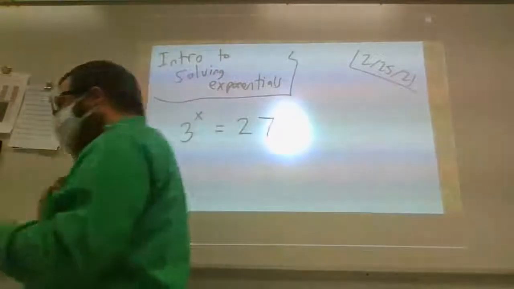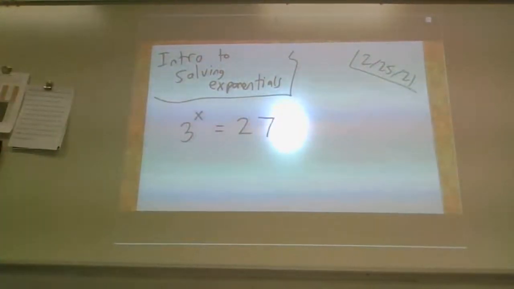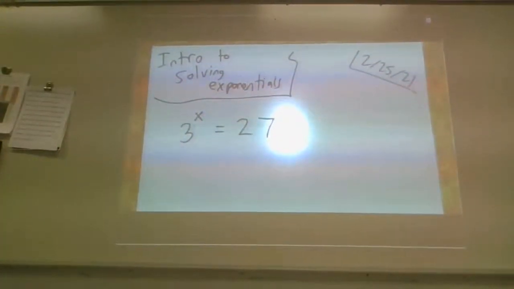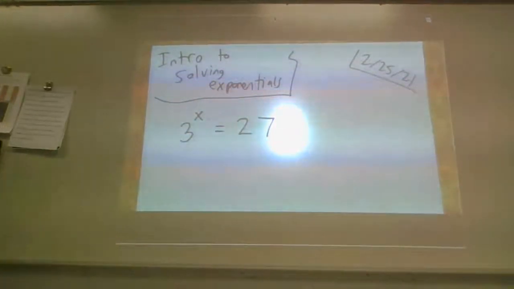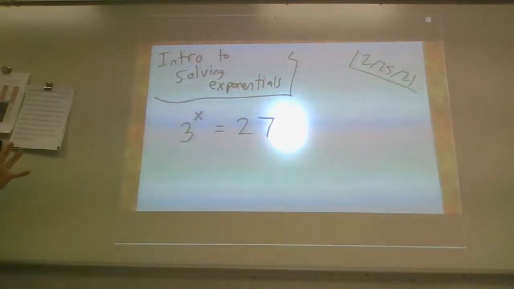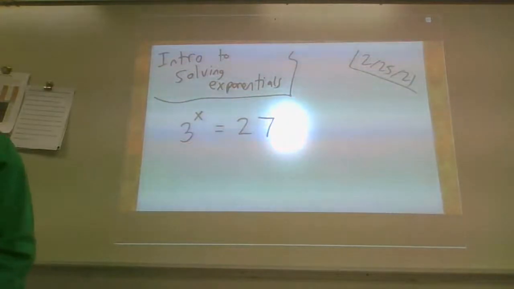Theoretically, it should be very straightforward to look at a problem like this and think, okay, 3 to some power gives me 27. What is that power? 3 to what power will give me 27?